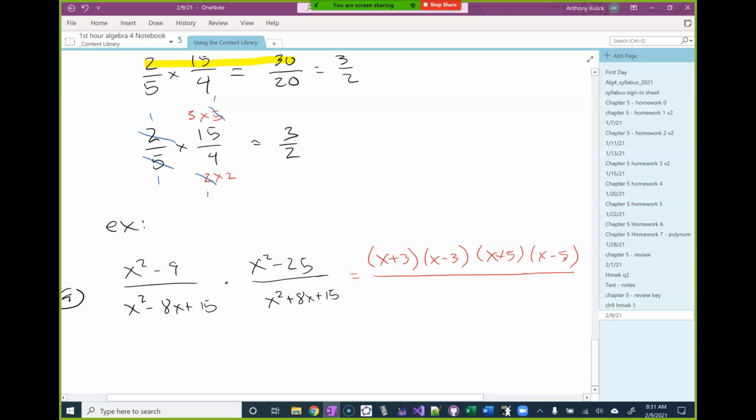And then the denominators, x squared minus 8x plus 15. How does that factor? Multiplies to give us positive 15. Adds to give us negative 8.